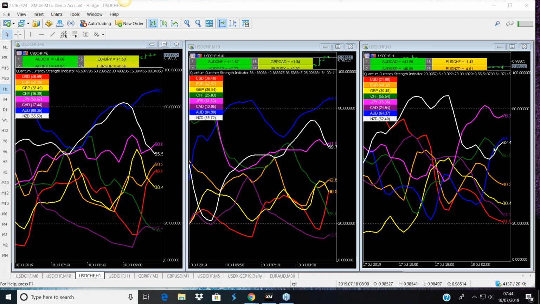The New Zealand is also moving higher, but what's interesting with the commodity dollars, being the Aussie, the Kiwi, and the Canadian, is that there's a bit of divergence on the Canadian. That is unusual because usually the commodity dollars do tend to move, not in lockstep, but together.